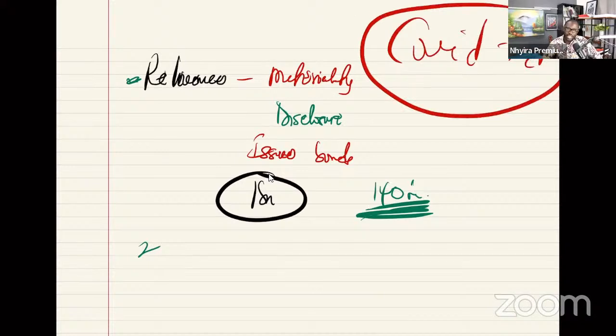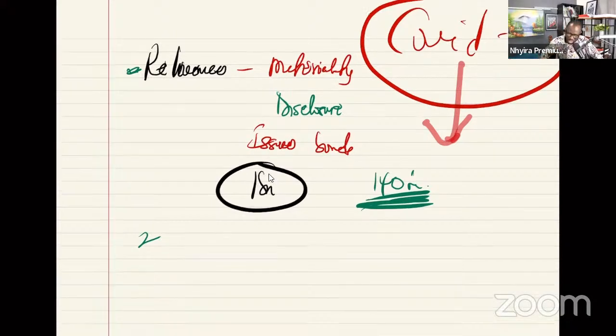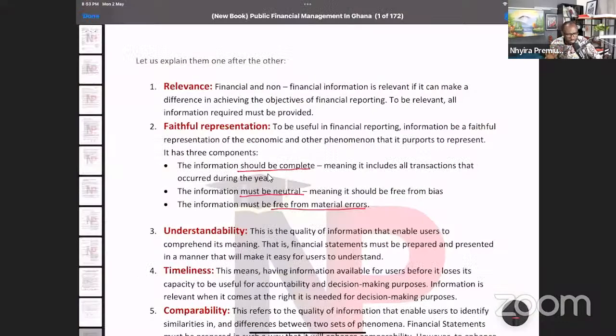We've heard the ex-president challenging the current president that he should cause an independent scrutiny of the fund if they have not chopped the money. Now Ghana is broke, so was the money used for the purpose it was intended for? We don't know though, but it is what it is. So that is what we mean by faithful representation. The information is complete, it is neutral, and there are no material errors.